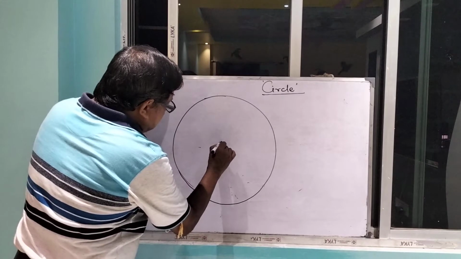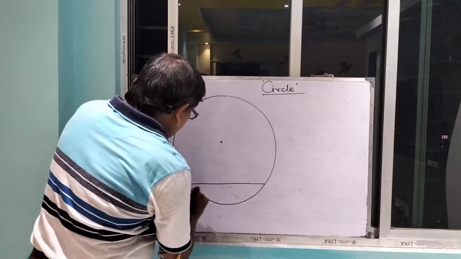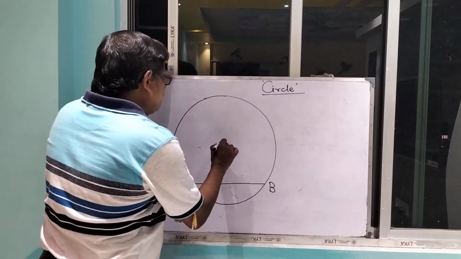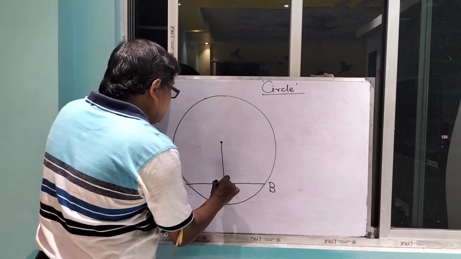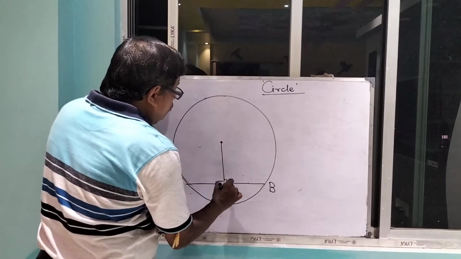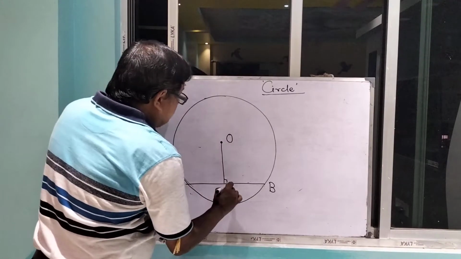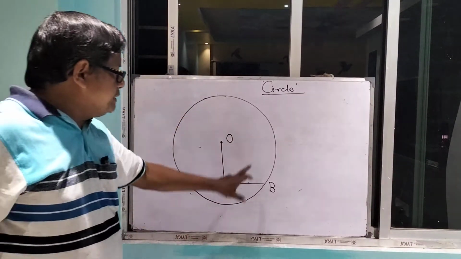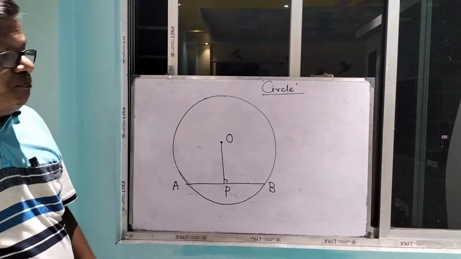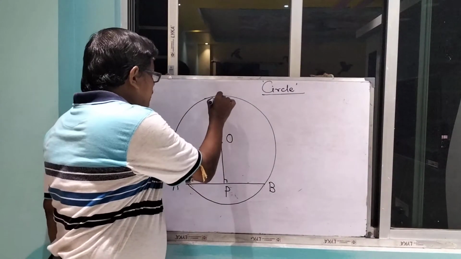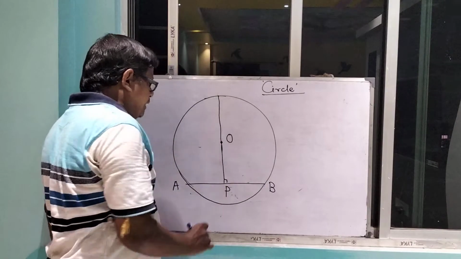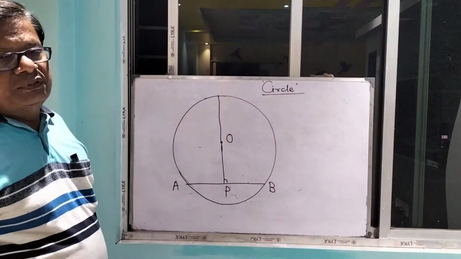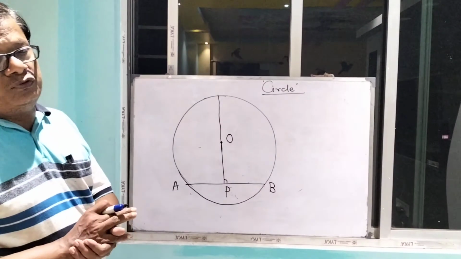See, I am showing, look at here. The center is there. This is the chord, AB chord. The straight line which passes through the center and is perpendicular to the chord AB. This is the center, this is P, suppose. A straight line which passes through the center and is perpendicular to the chord, then it bisects the chord.